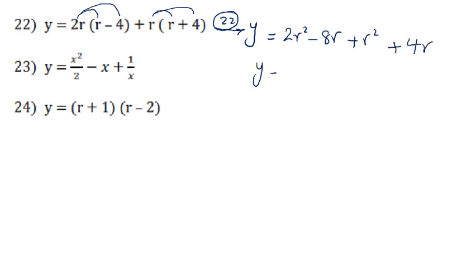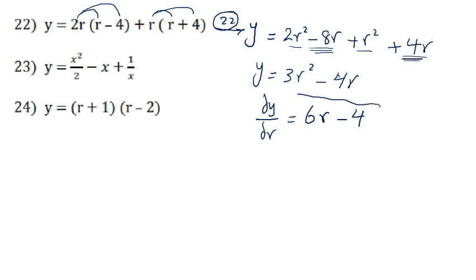So y is equal, adding the like terms, to 3r squared, negative 8 and positive 4 is negative 4r. So dy by dr, because y here is a function of r, or an equation in terms of r, so I can't find dy by dx. So dy by dr is 6r after I put down the power, taking from the power 1, minus 4. 6r minus 4.